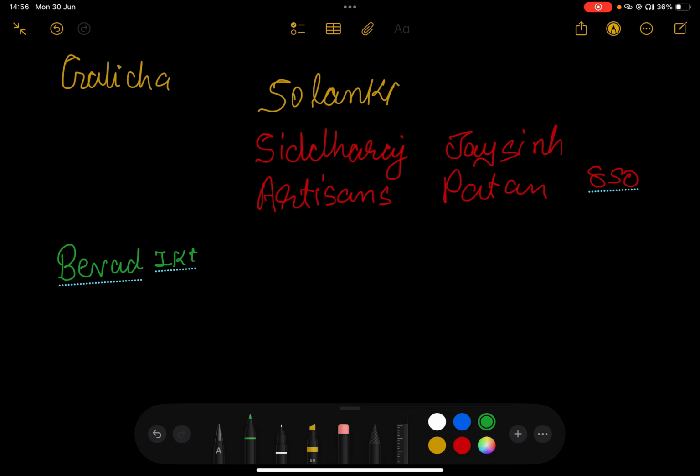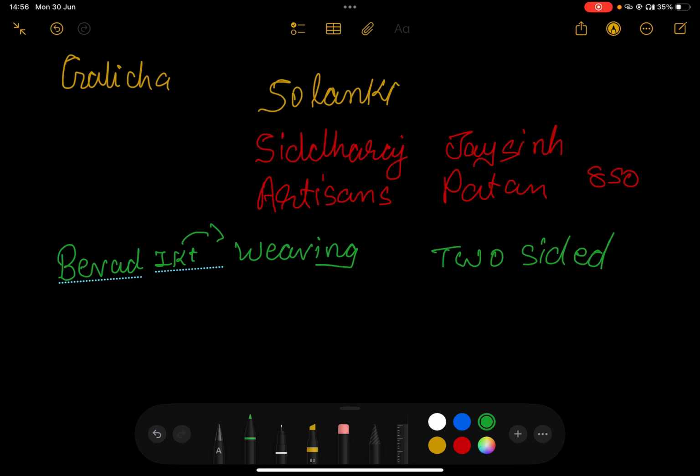Ikat means weaving. This type of sari is designed in such a manner that it can be worn on either side. So it is a two-sided sari, right?